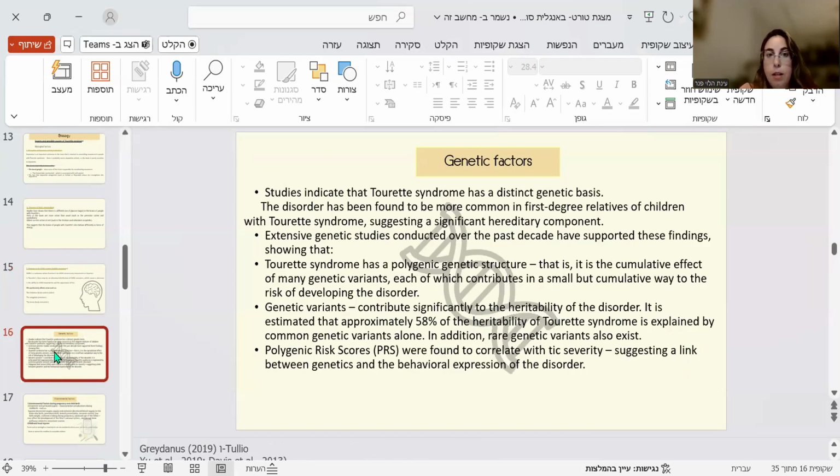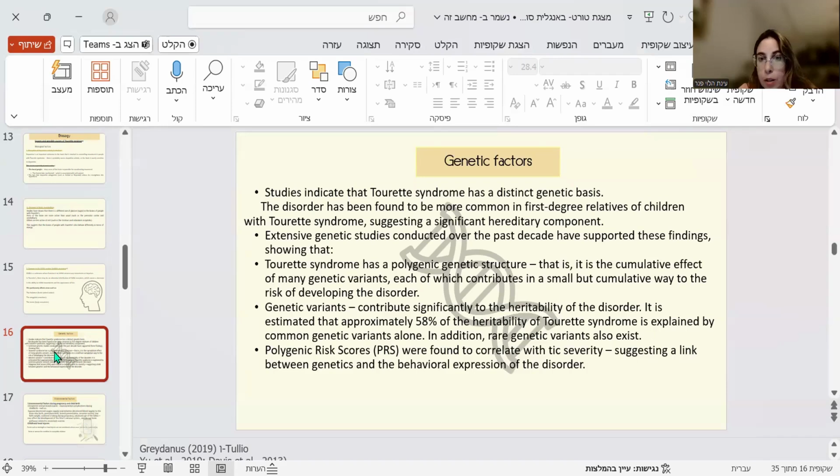Genetic factors. Studies indicate that Tourette syndrome has a distinct genetic basis. The disorder has been found to be more common in first-degree relatives of children with Tourette syndrome, suggesting a significant hereditary component.